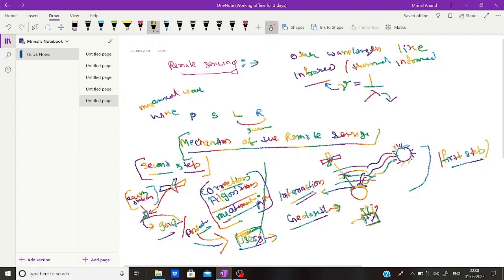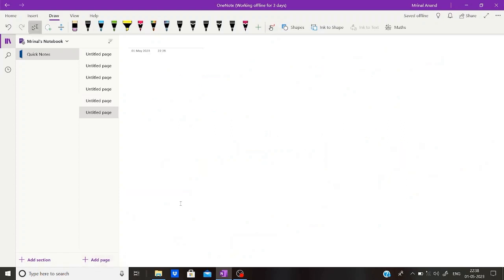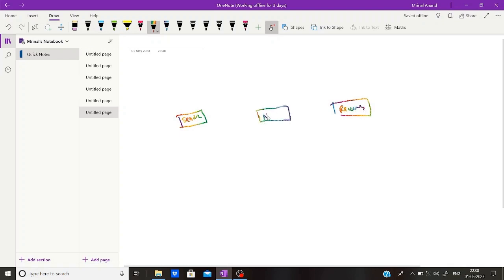Now sometimes during the transmission of the signal, suppose this is the sender, and this is the receiver, and here is the noise, and here is our satellite.